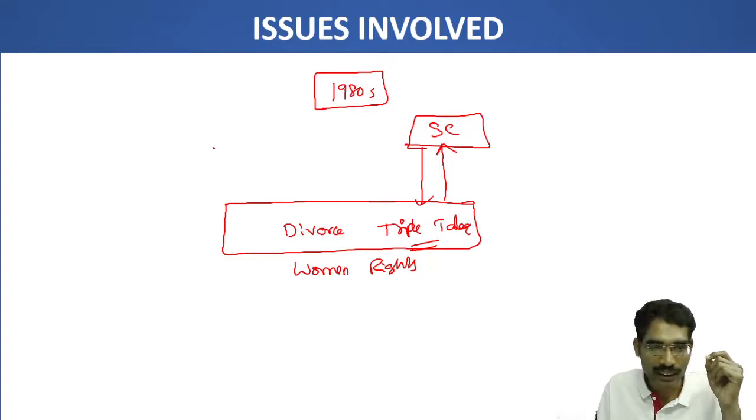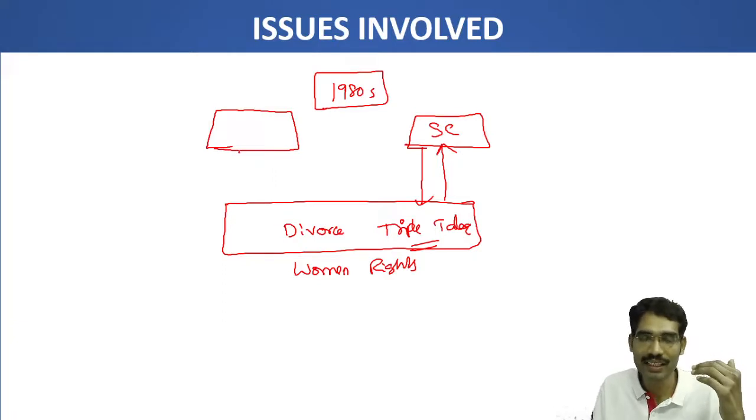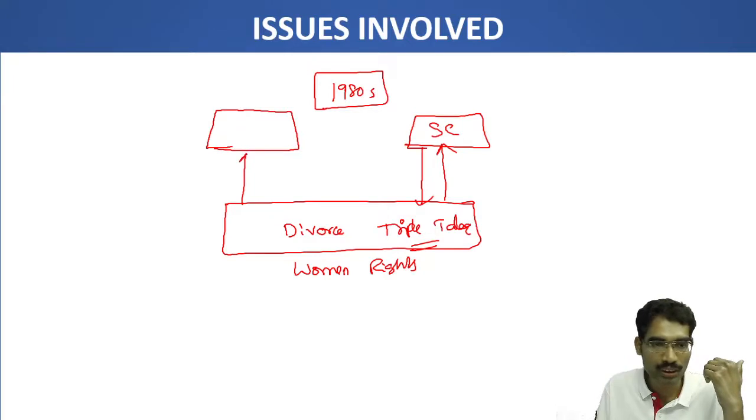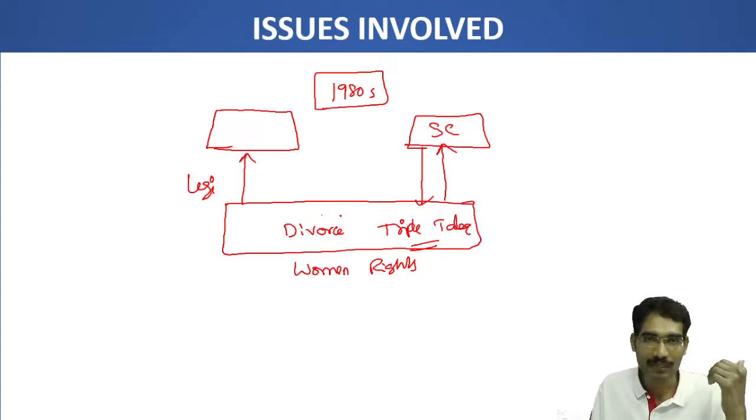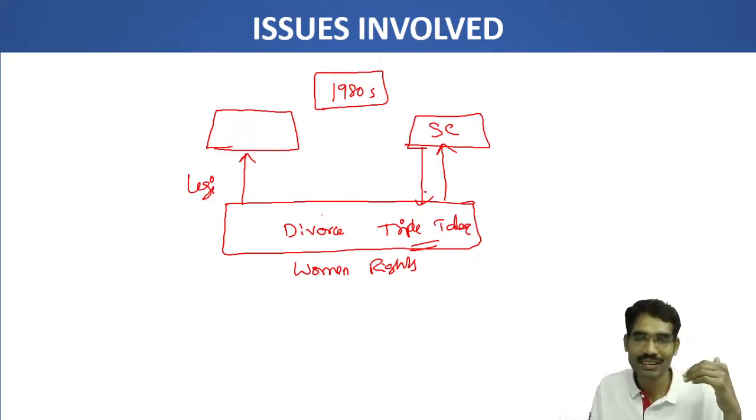But due to political compulsions, some religious people saw it as interfering in a religious matter and they approached the legislature. The legislature passed a law and nullified this Supreme Court order. So the issue was instant divorce. She was given divorce by her husband. She went to the Supreme Court saying that the settlement given in the religion was not suitable for her.